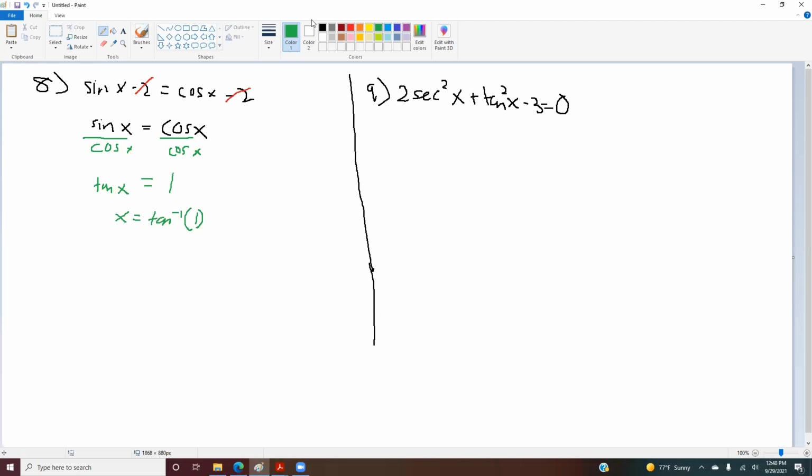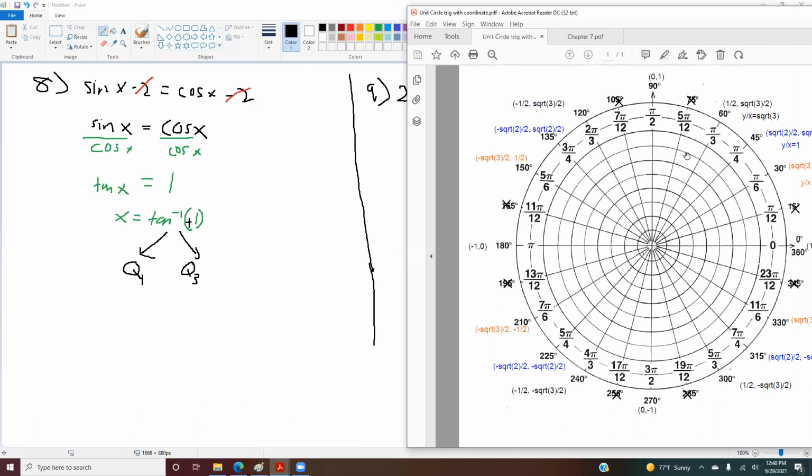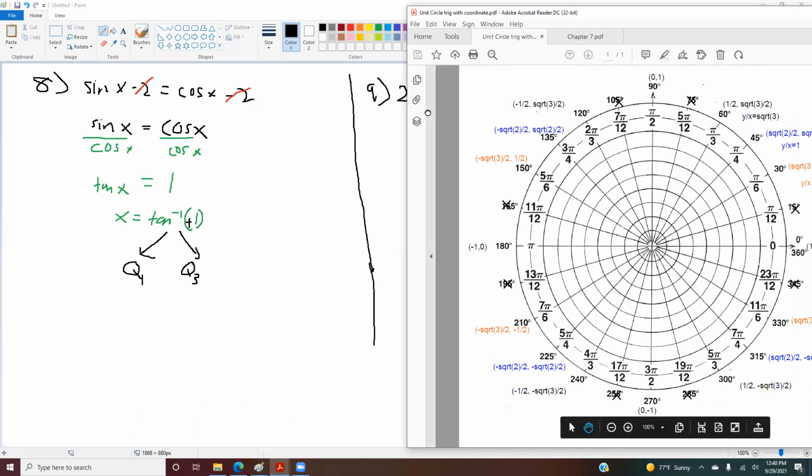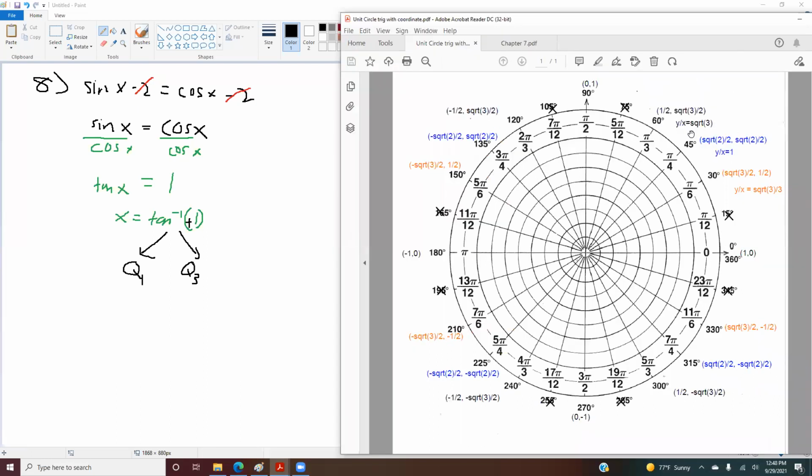Can someone tell me which quadrants are positive for tangent? Anyone? 1 and 3. So now look at the unit circle that we have here. Which one of these will give us 1 for tangent? Tangent means y over x, so if you see any y over x, that's your tangent.